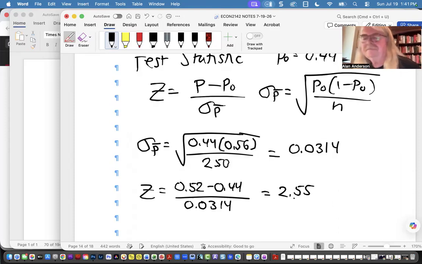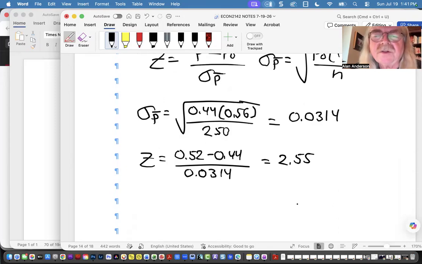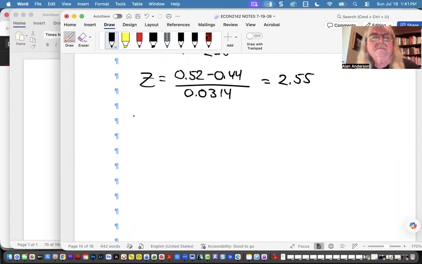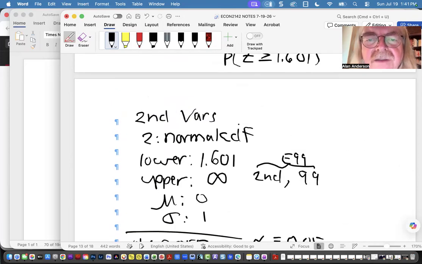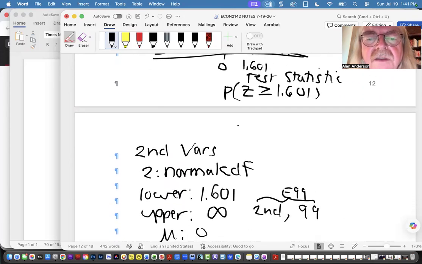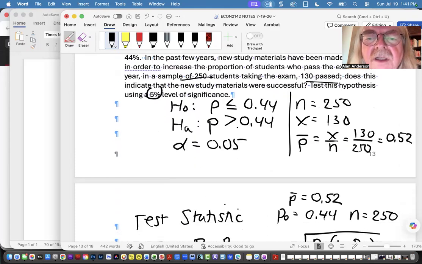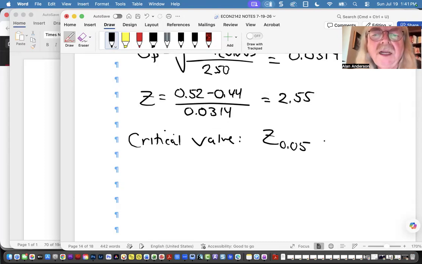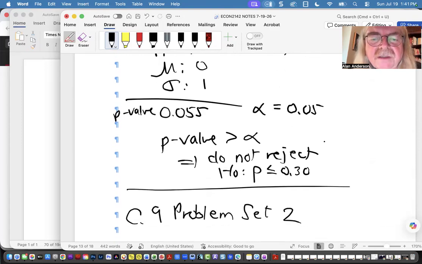All right. And then, of course, now we need a critical value to compare it with. And once again, it's a right tail test. That's right. So we're looking for, now, let me just double check that.